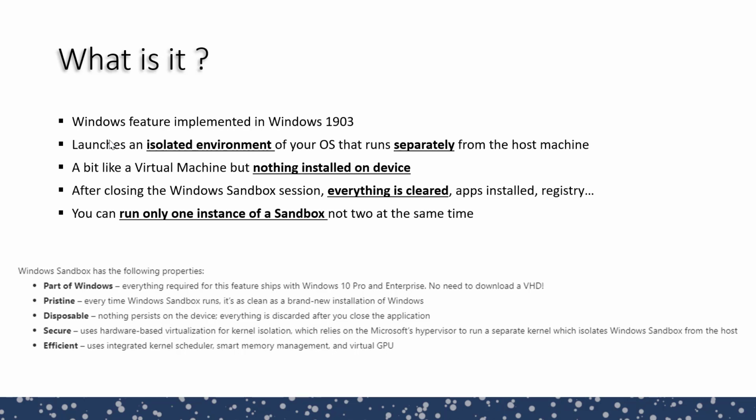It looks like a virtual machine, but the difference is nothing is installed on your host computer. With a virtual machine, it will create a hard disk, a VHD, something like this, that can take a huge space, and your Windows Sandbox doesn't take much space.